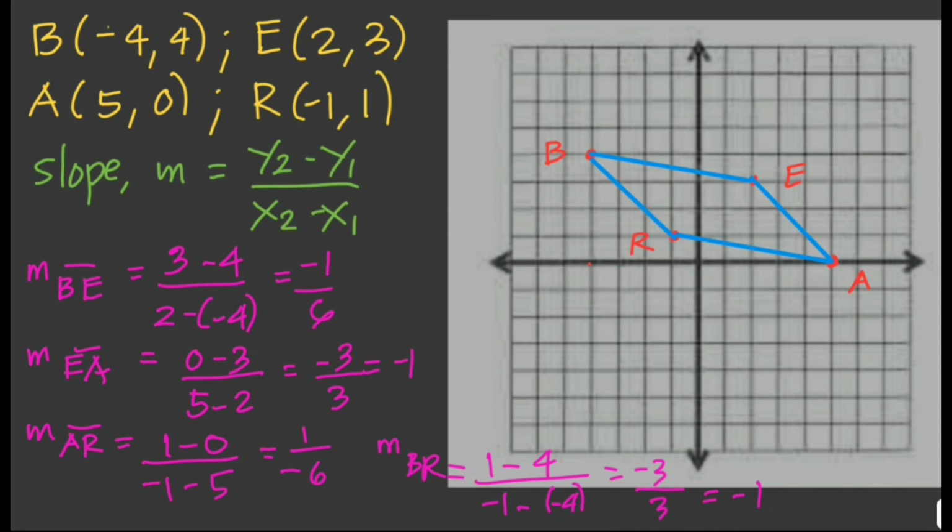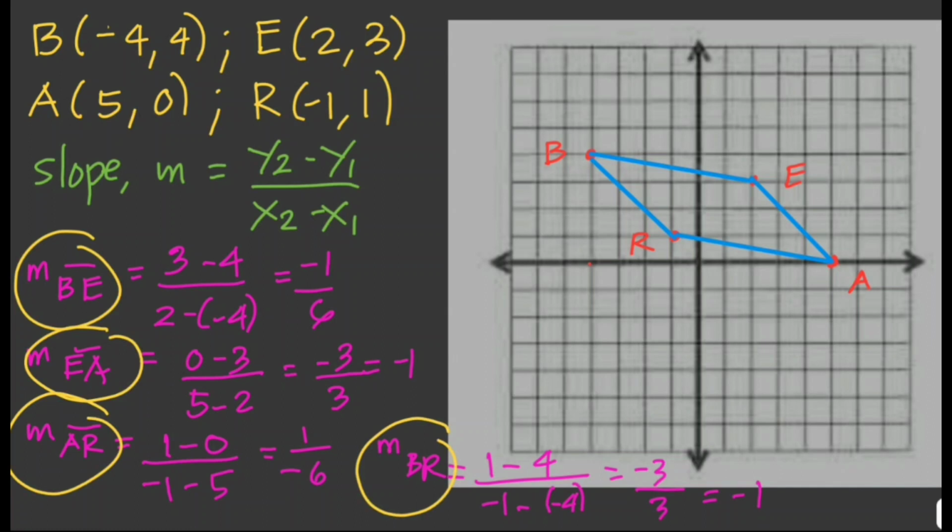Have you noticed here that the slope of BE and AR are equal, and then the slope of EA and BR are also equal? So that means that side BE is parallel to side AR, and then side EA is parallel to side BR.